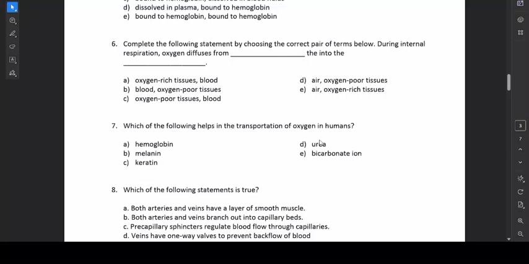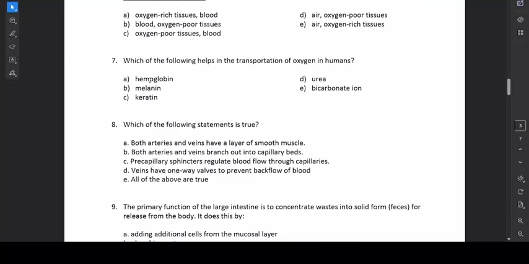Keratin and melanin are two proteins. Melanin helps with the color of your skin, hair, and eyes and protects your body from UV light, and keratin is also a protein. These two proteins have no effect on the transportation of oxygen, so the only one is hemoglobin.